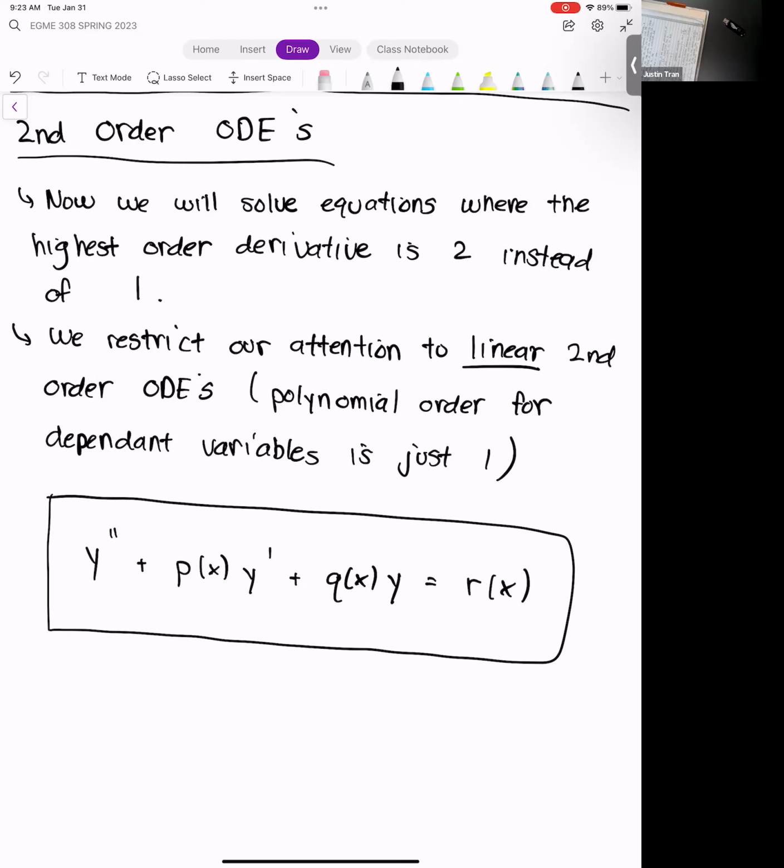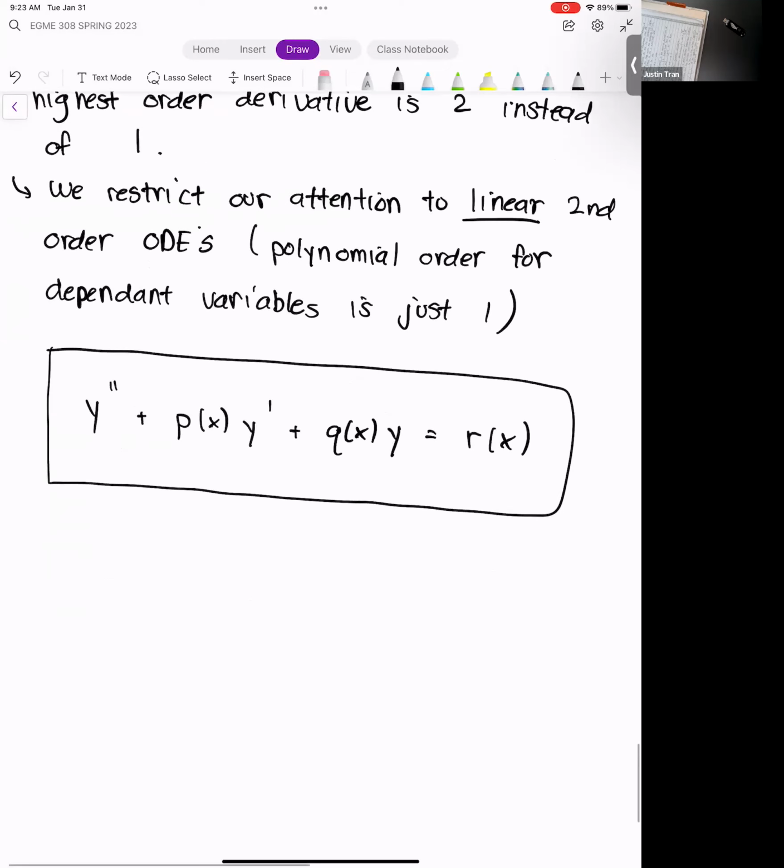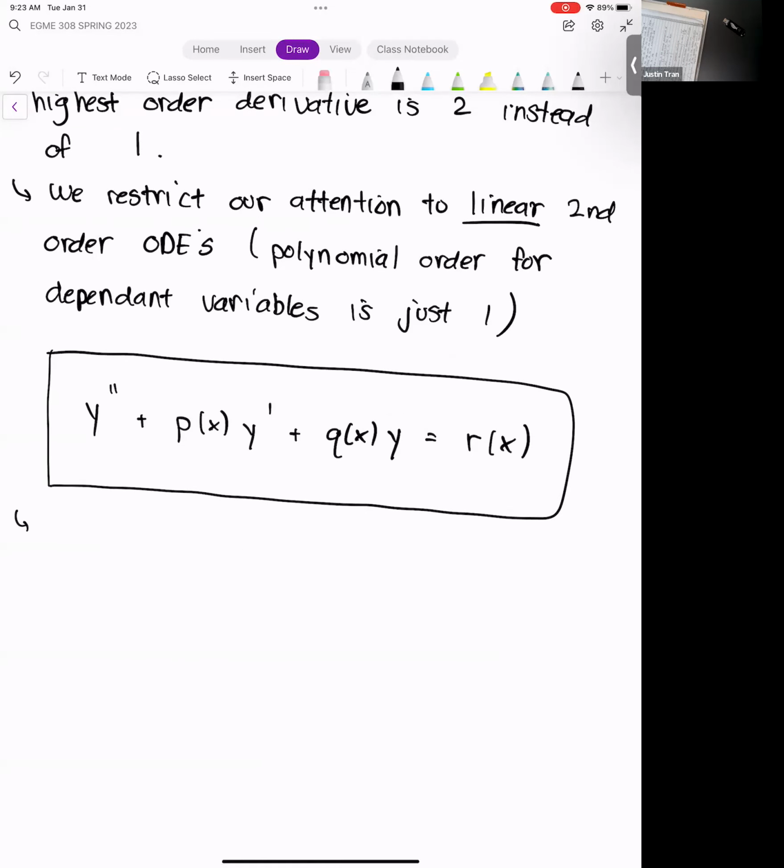Another thing that's important here is that this is what we call standard form. All that means is that the coefficient in front of the highest order derivative, which in this case is y double prime, is 1.